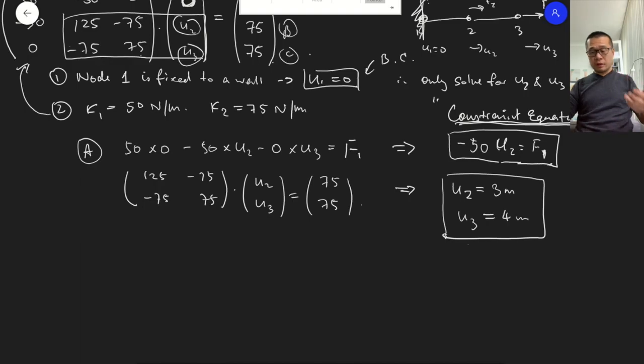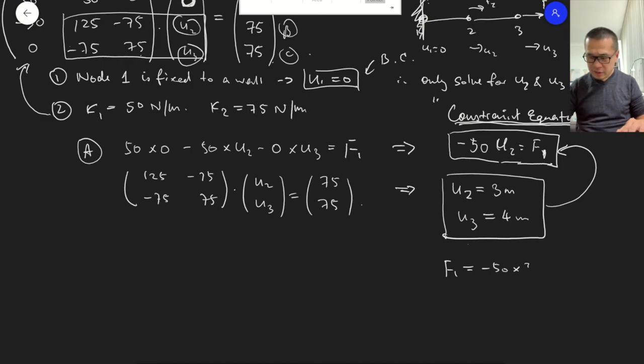Now, once you solve this, you can plug this back into this equation and find that F1 in this case is minus 50 times 3, which is minus 150 Newton. So that shows you, once I know the displacement or deformation on node 2, I'll be able to work out the force that node 1 is experiencing.